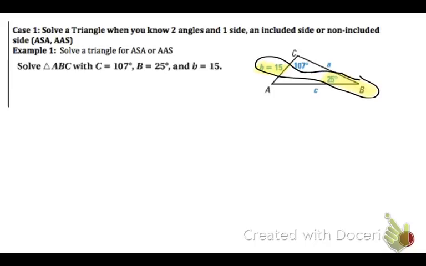And what are we solving for here? We're going to solve for every part. So let's start with big B and little b. And then I have to know one part of the other letters. So for example, I don't know any of my A's, so I'm not going to find A. I'm going to find little c. So we're going to use sine of B over little b equals sine of big C over little c.